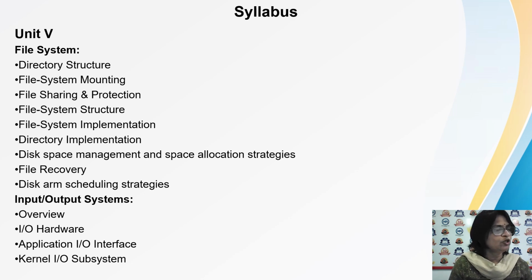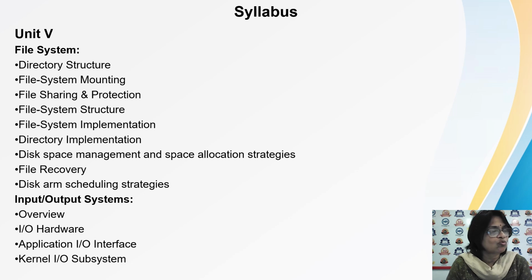In the 5th unit, the main memory is generally smaller, so it cannot accommodate all the programs and data. So systems are provided with secondary storage to back up the main memory, as well as to store the data permanently.